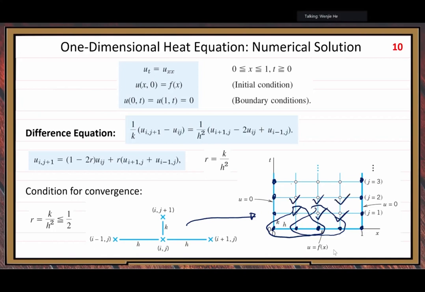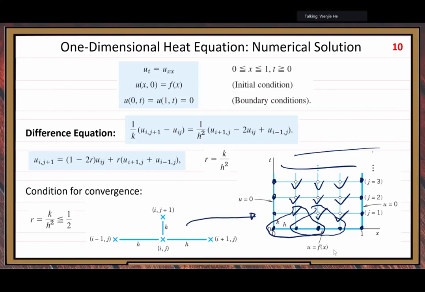So row by row, we can find all the values on the grid. That's the numerical solution. You can see the method is very simple. You do iterations, and the boundary values can be used, following a certain order.